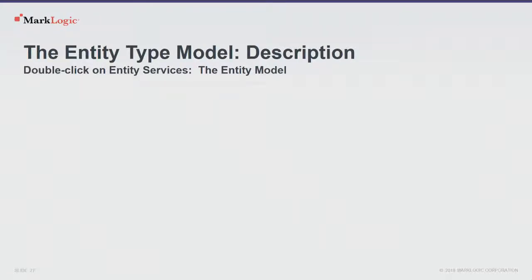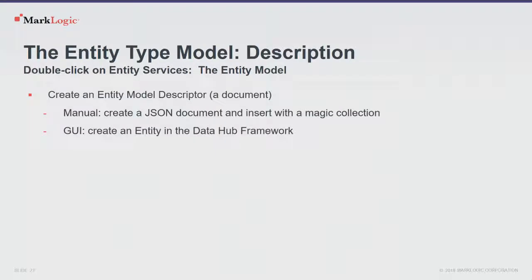So how do I create an entity model? I create an entity model descriptor, which is a document, normally a JSON document. I can create that manually and just insert it into the database. It goes in under a magic collection, and then we know that it's an entity type model. I can do it in a GUI if I'm running the Data Hub framework, which you'll see in other sessions.